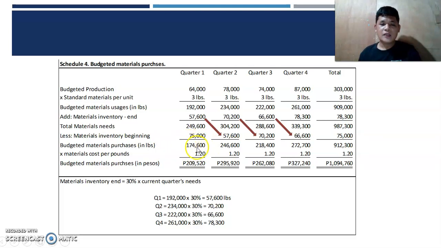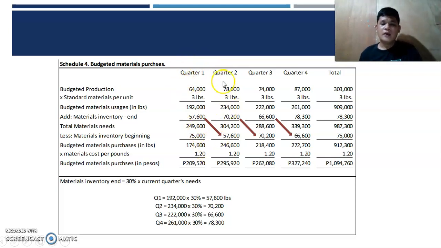So, ngayon, since ito, magkano yung per pound daw? Ito yung cost ng raw materials. So, yung budgeted materials purchases in pesos, 209,520. So, ito na yung kailangang i-budget ng kumpanya para makabili ng raw materials for the quarter 1.